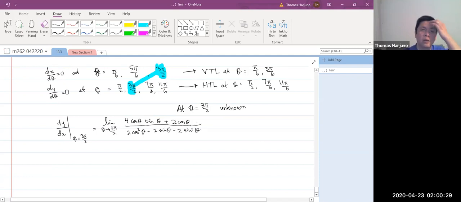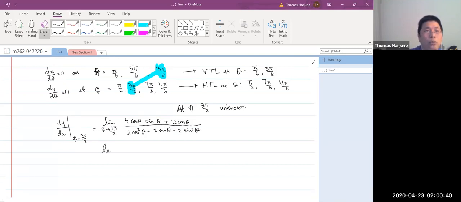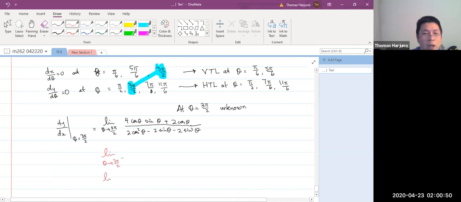Okay. Now from here what we need to do is actually try to analyze that. You may need to go even slower. You may need to do limit theta going to 3 pi over 2 from negative side and limit theta to 3 pi over 2 from positive side.